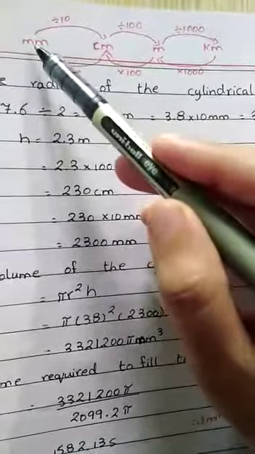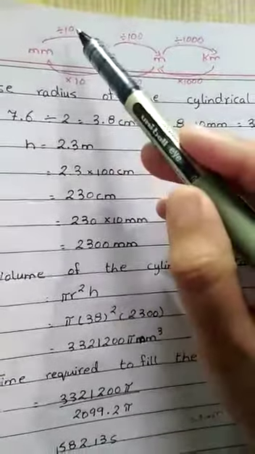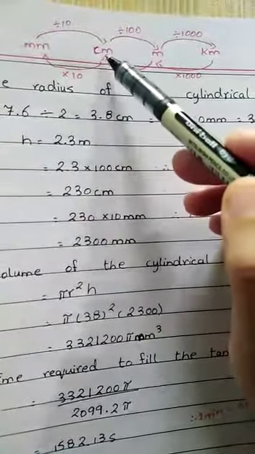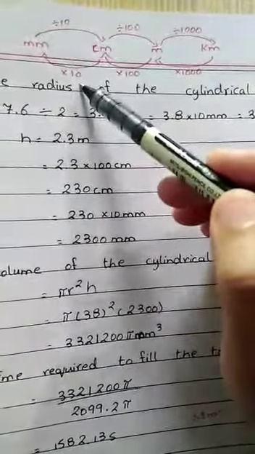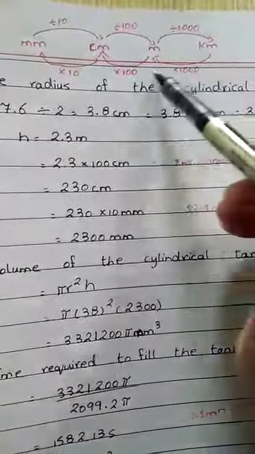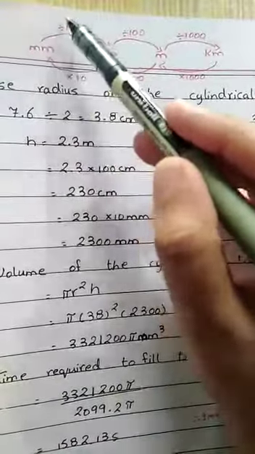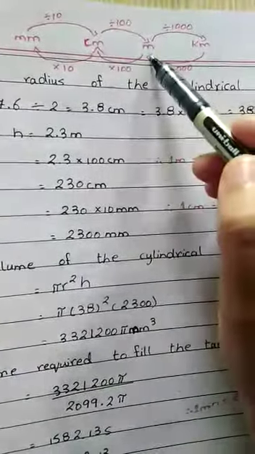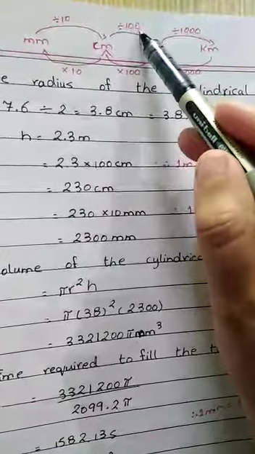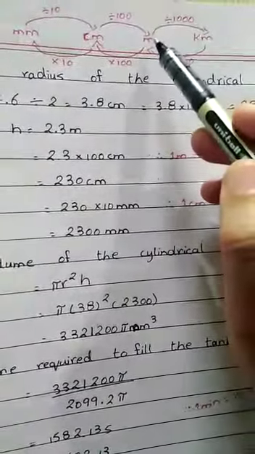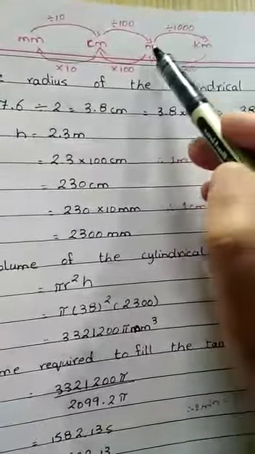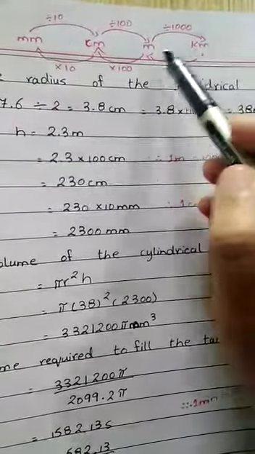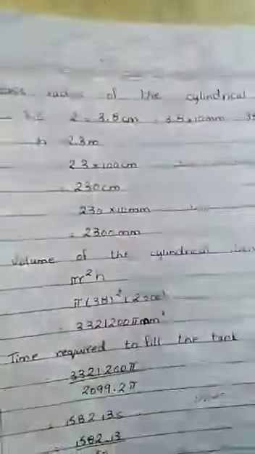If I want to convert millimeter into centimeter, I divide the given value by 10. If I want to convert centimeter into millimeter, I multiply. Centimeter into meter, we divide by 100, and for converting meter into kilometer, we divide by 1000. If you want to convert kilometer into meter, you multiply, and similarly for all these.